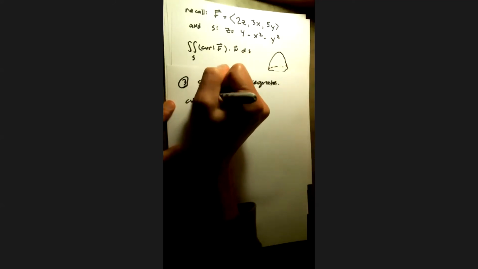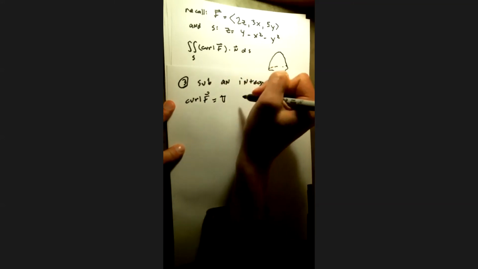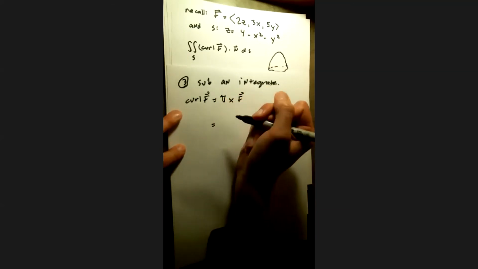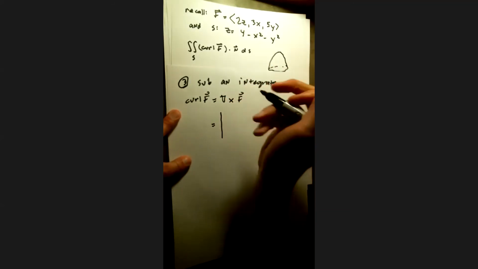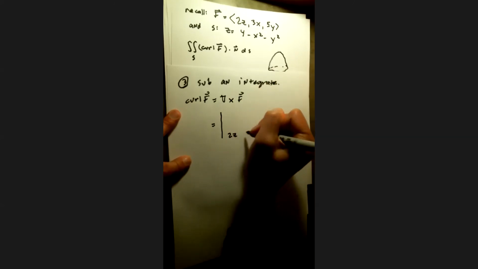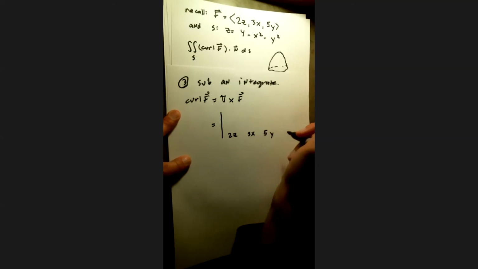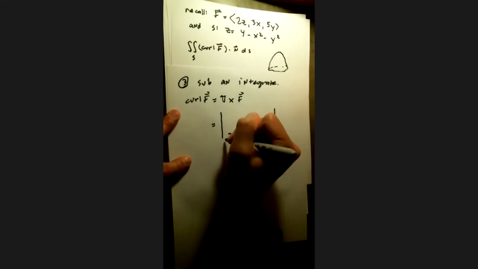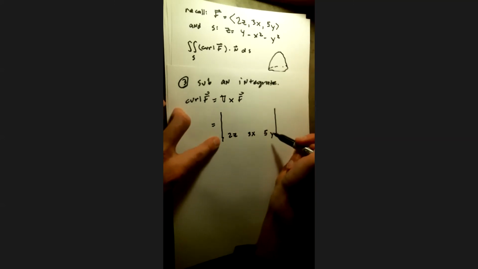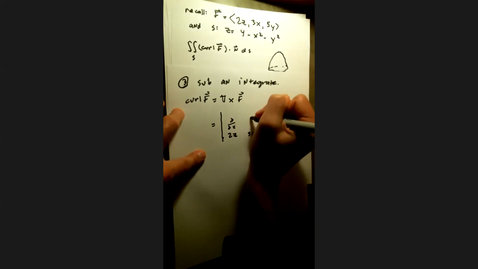So remember that the curl of F is the del operator cross F. So here I actually am going to write out the whole thing. I've got 2z, 3x. If you're trying to figure out how to space things, you would probably discover that it's easiest if you do the third row first, and then immediately above that, you can do your partials.